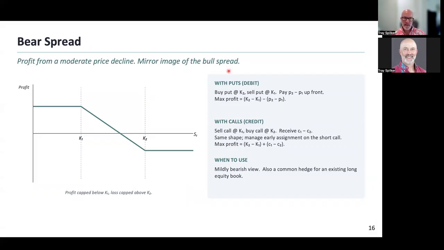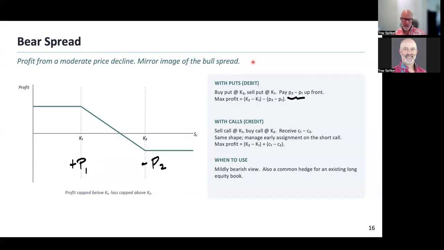From a debit perspective, meaning you're paying money up front, you can buy a put at K2, the higher strike price, and you end up paying the higher premium because the strike price is higher, and you sell a put at the lower strike price of K1 and you earn that premium there. And so you end up paying P2 minus P1 up front.